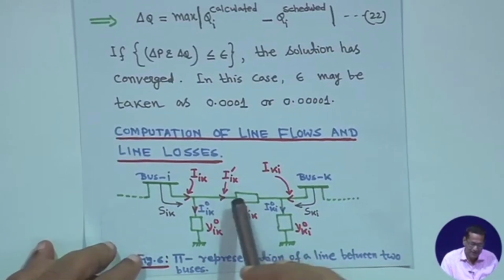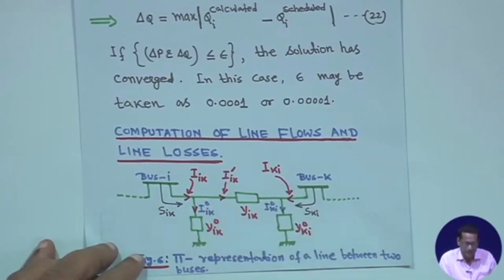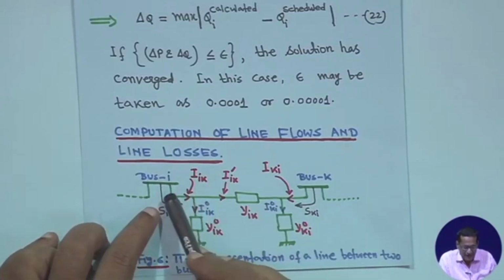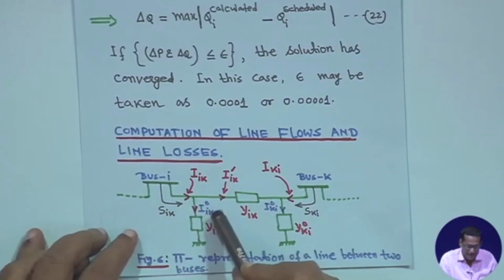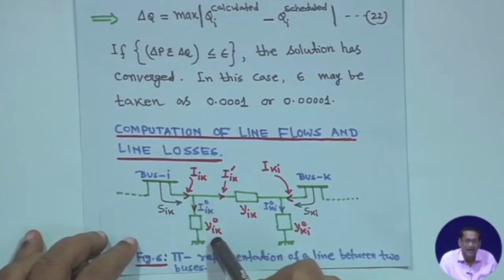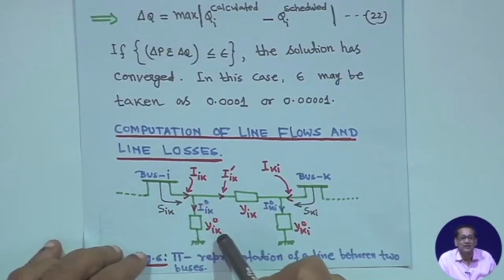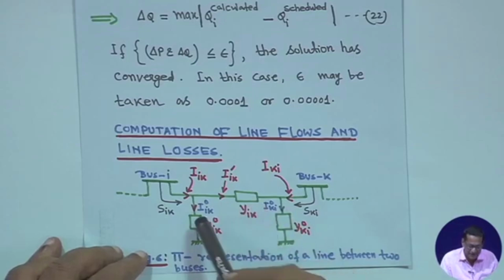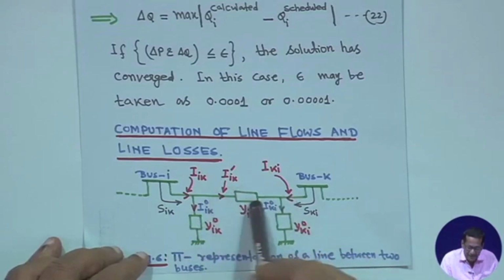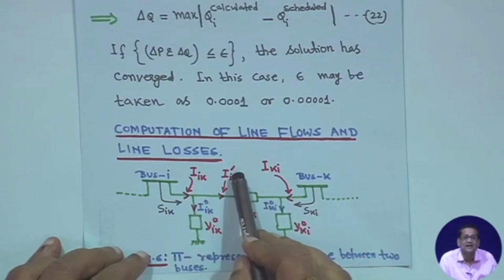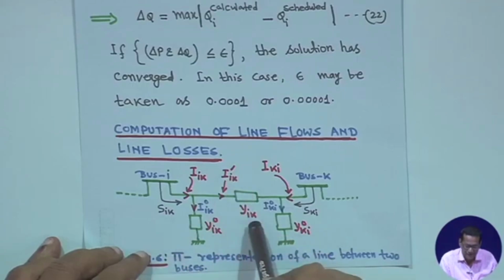Instead of sending end and receiving end, we take current I i k, and I i k 0 going to the shunt admittance. The line current here is I i k dash.